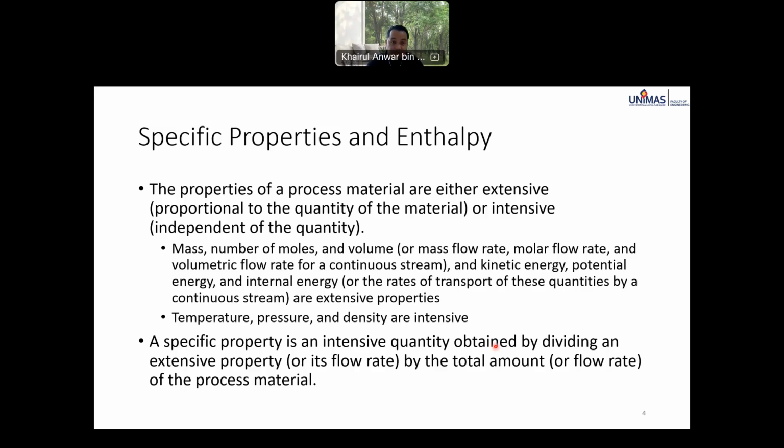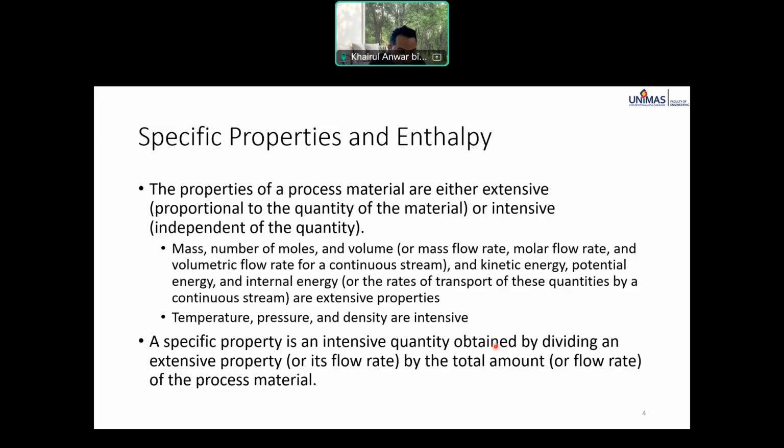The properties of a process material are either extensive, proportional to the quantity of the material, or intensive, independent of the quantity. For example, number of moles, volume, mass flow rate, molar flow rate, volumetric flow rate, kinetic energy, potential energy, and internal energy are all extensive properties.